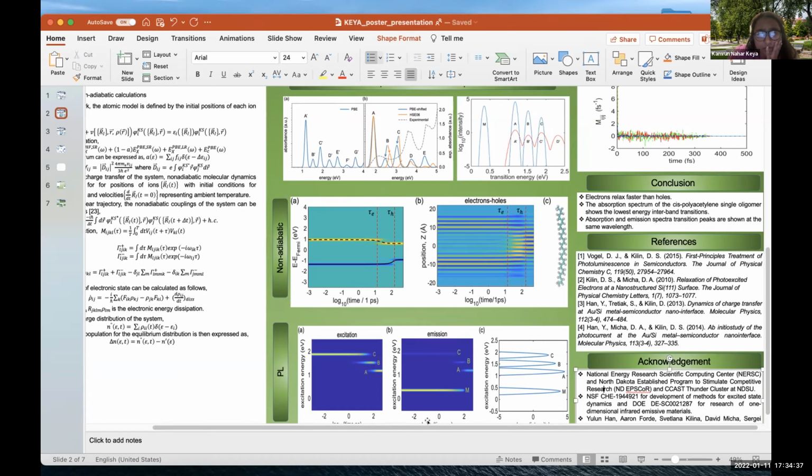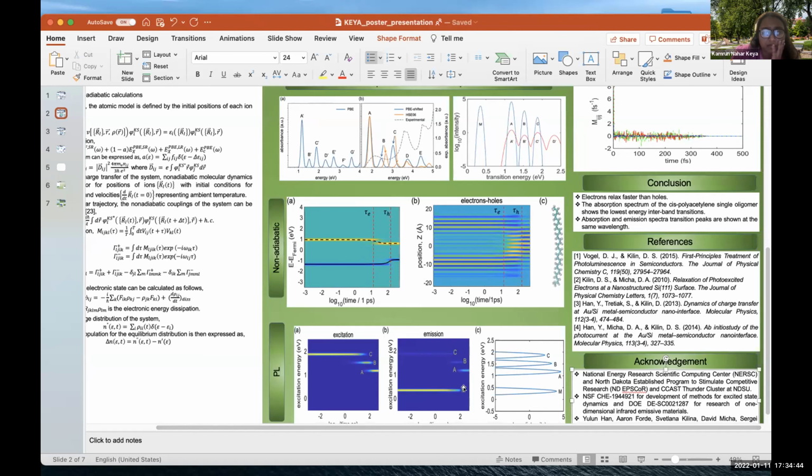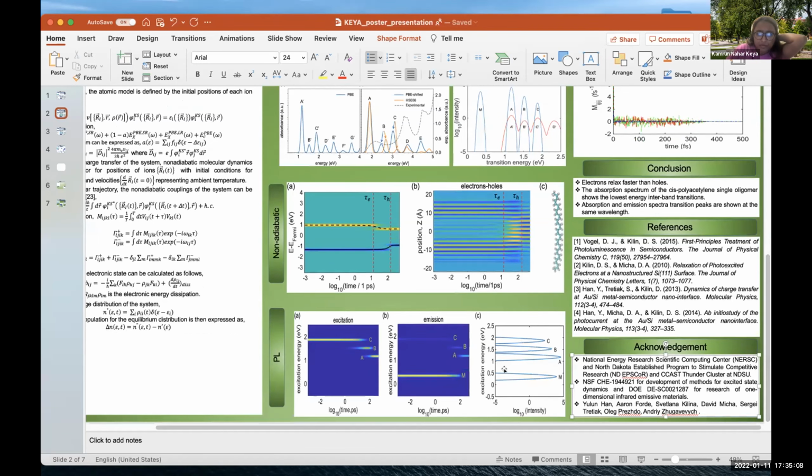But in the emission spectrograph, there is an extra line. We are able to see that one in peak A. That one shows the higher emission, and that A, B, C, and M peak we are able to see from the intensity graph.